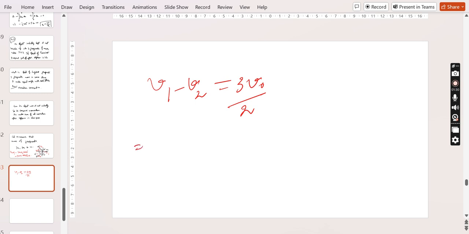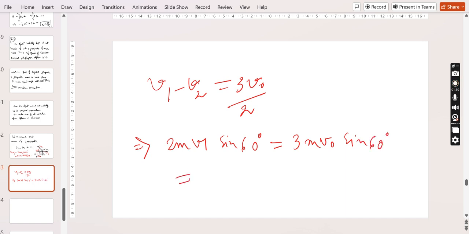And in the y direction there is no movement, or you can say each one is balancing the other. So v1 sin 60 degree is equal to 3 v0 sin 60 degree.